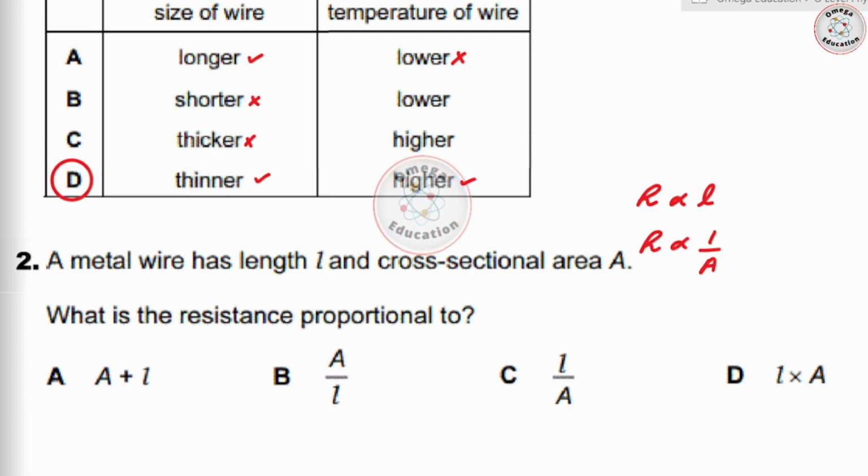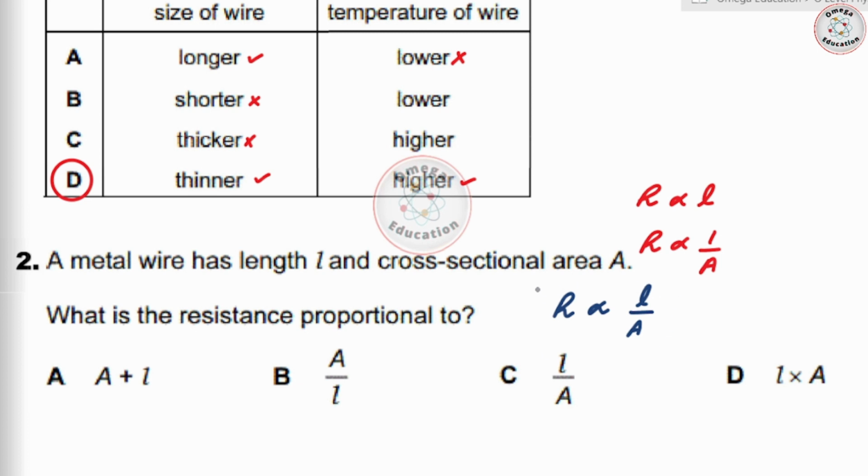Now we can combine these two things and write resistance is proportional to L over A. Collectively, you can say resistance is directly proportional to L over A, but if you want to read it separately, resistance is directly proportional to length and inversely proportional to cross-sectional area.